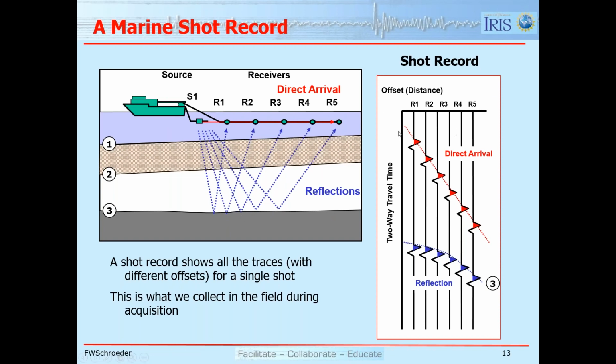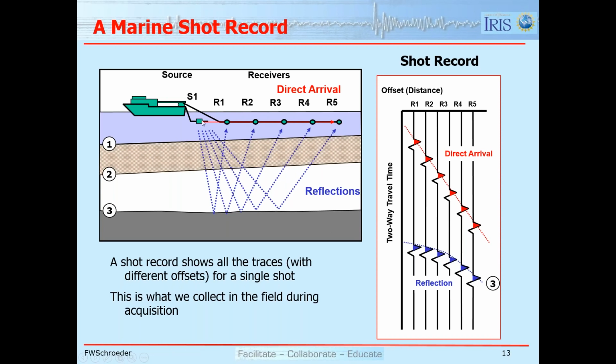If we look at the shot record, energy that goes straight through the water column horizontally and reaches the receivers is the red events that are shown. This is two-way travel time, and this is offset or distance or receiver number. And the reflections will give us a hyperbolic shaped event when we look at a shot record.